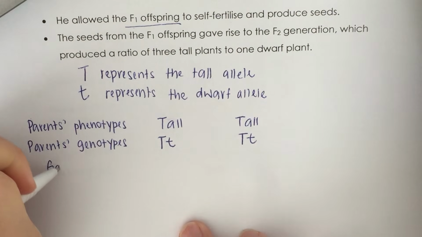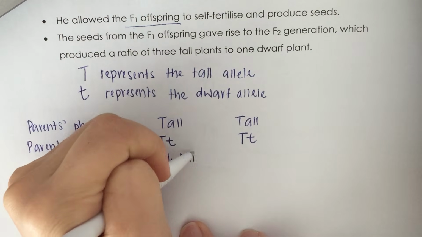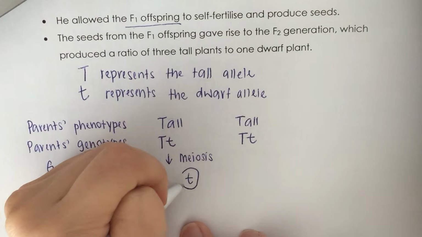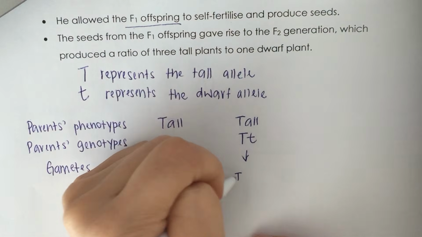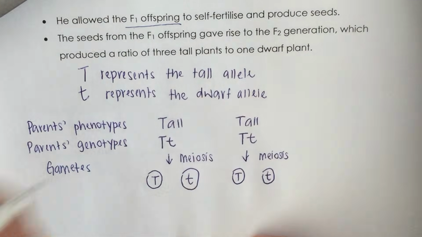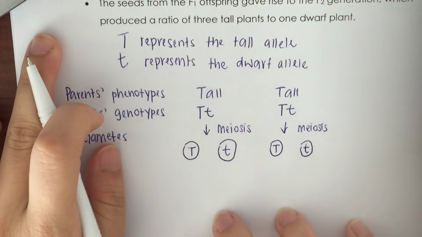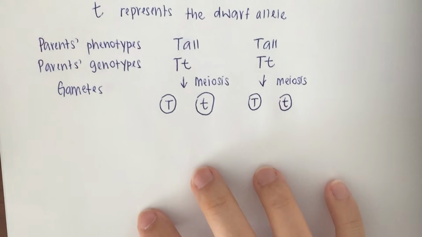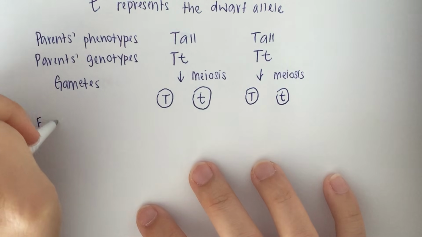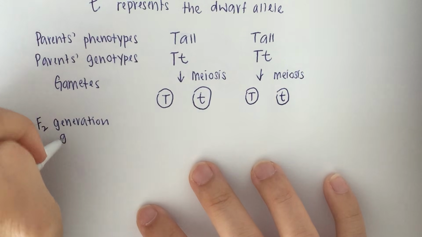Then you have gametes, which are formed after meiosis. Next, we have the F2 generation, which is the offspring genotypes.